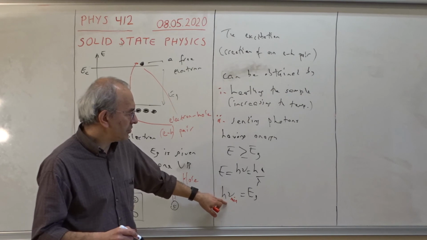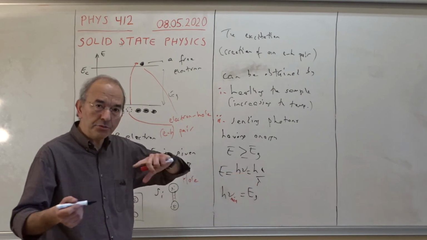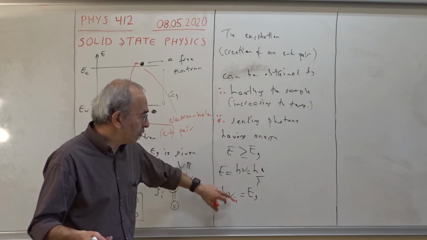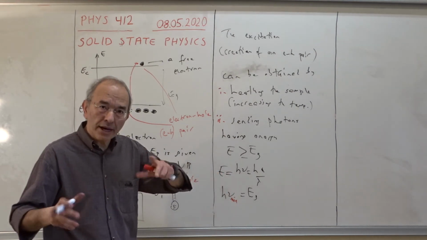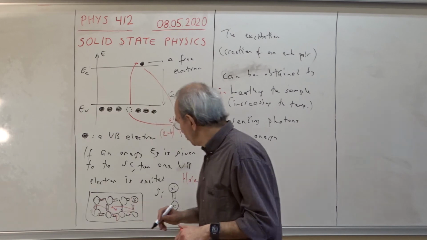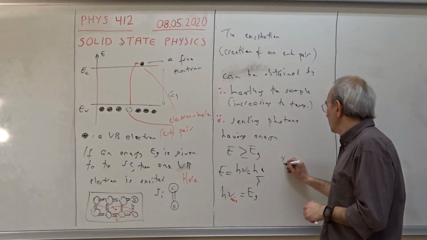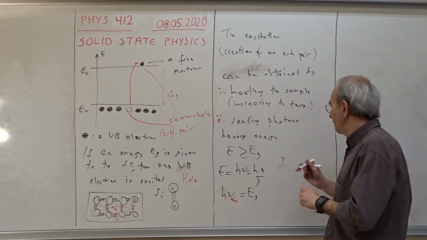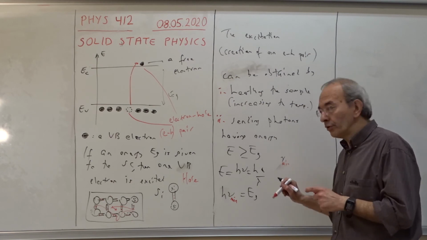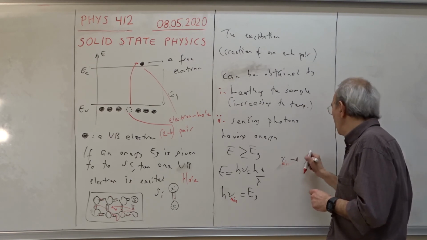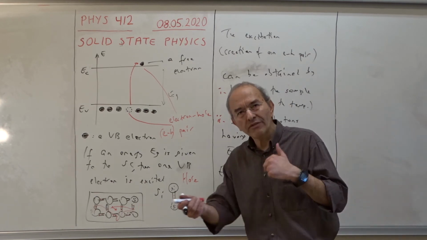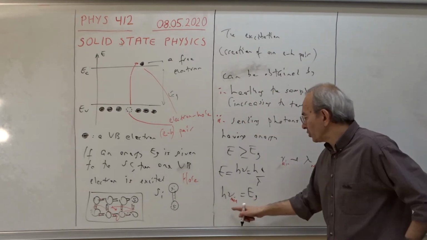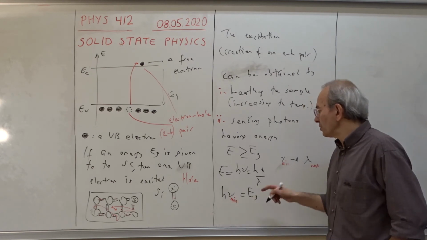In this case, minimum frequency corresponds to maximum wavelength. So nu min for the photon corresponds to lambda max: minimum frequency, maximum wavelength, and vice versa. Alright, so h times nu minimum is Eg.